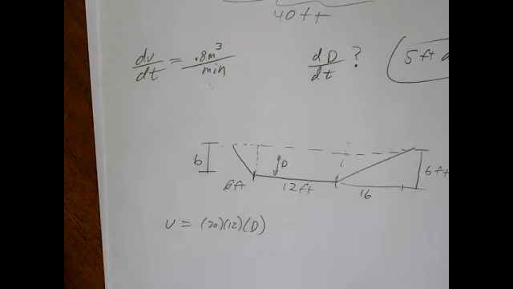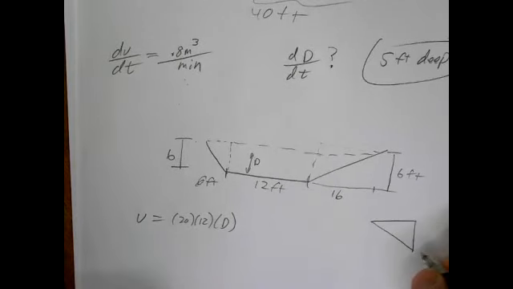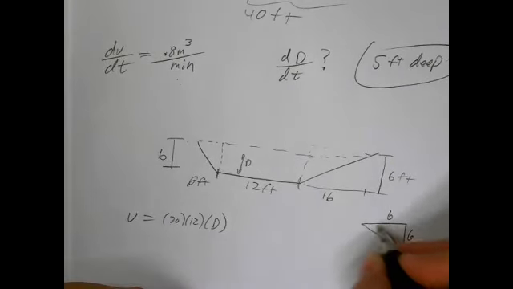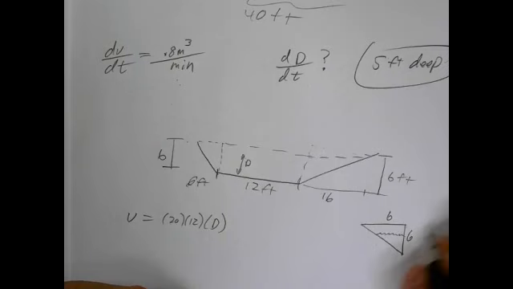All right, so for the left-hand side, I'm going to look at proportional triangles again. The triangle from the left-hand side measures 6 by 6 if the pool was full. So what we see here is a 1-to-1 proportionality. If the water was at depth D, we'll look at the smaller version of the triangle here.